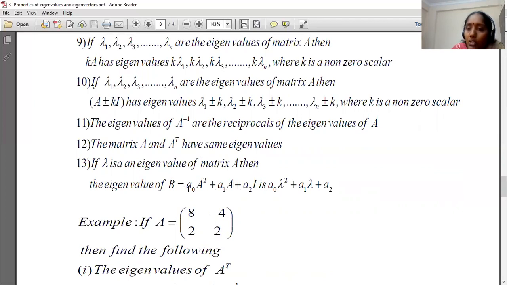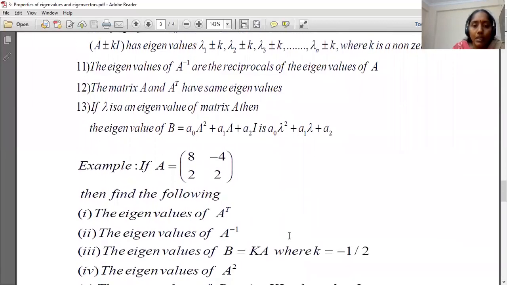Just simply substitute A by lambda in this matrix, then you will get the corresponding eigenvalue.